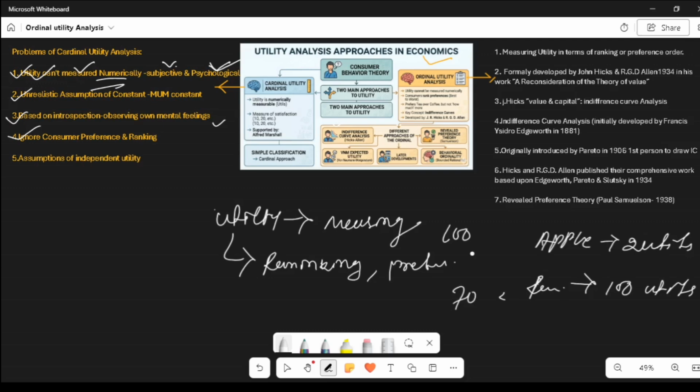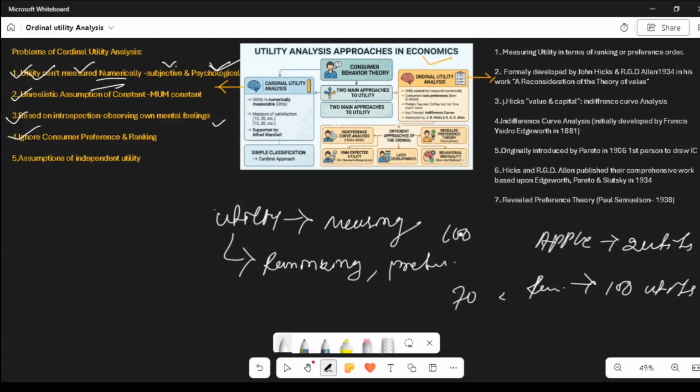That means there is a variation of the preference. Maybe I prefer rasgulla over apple. That's why I am getting 100 utils from the rasgulla and 20 utils from the apples. Or the same, there is a vice versa scenario.